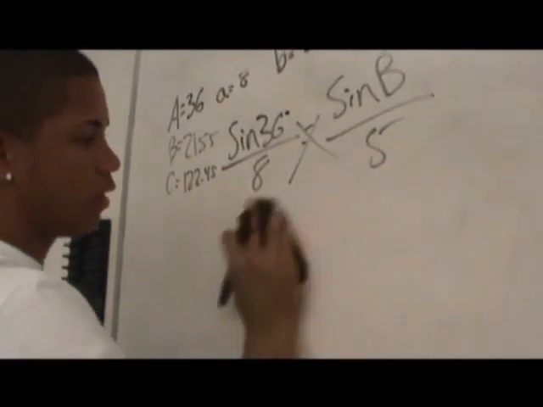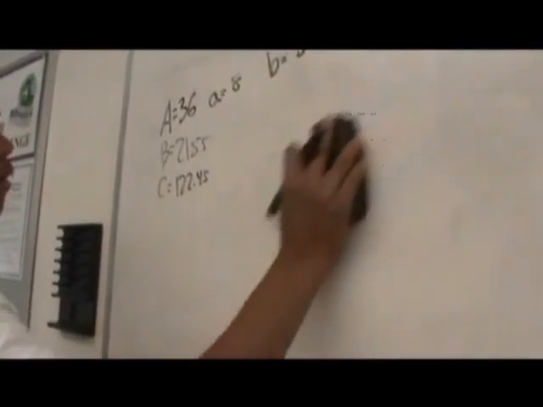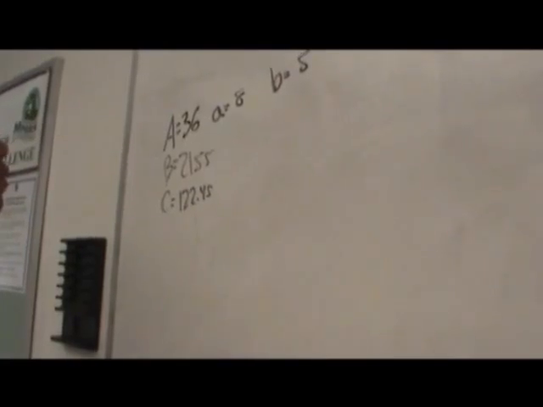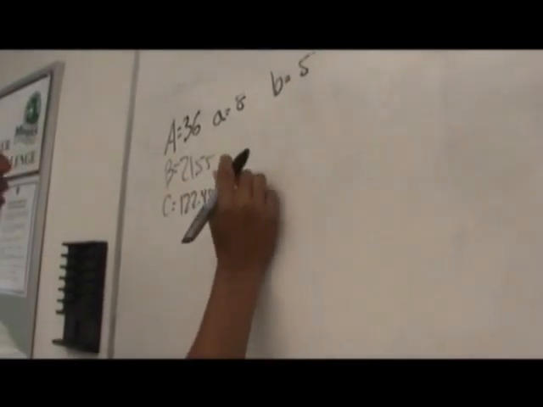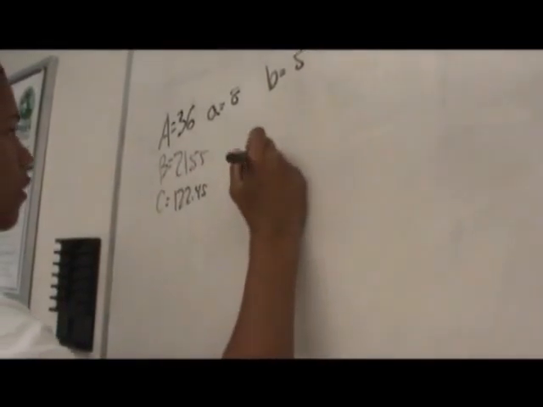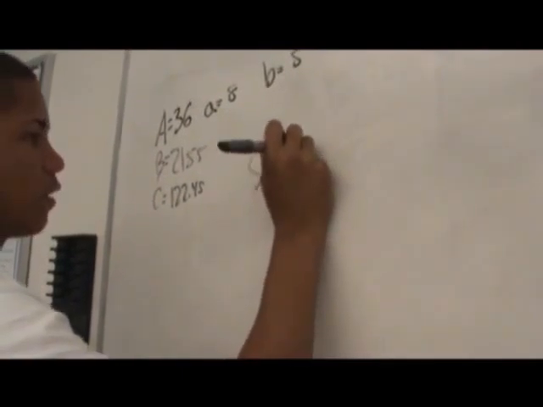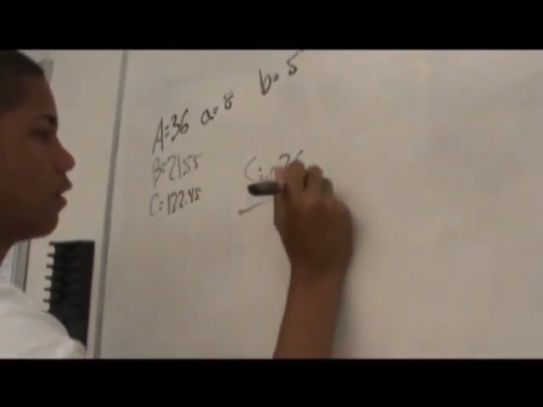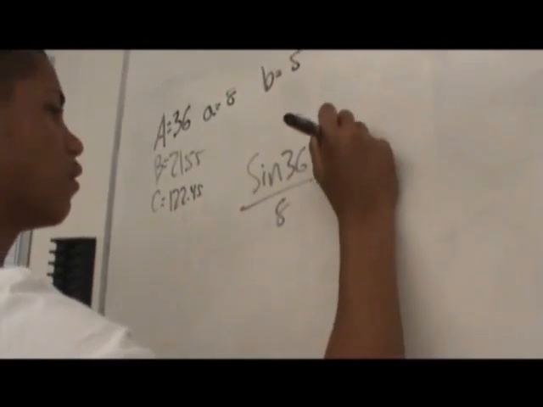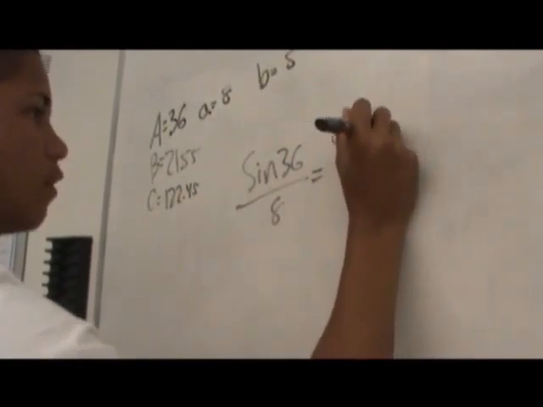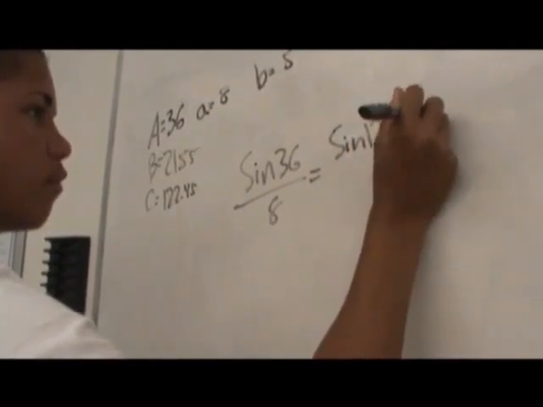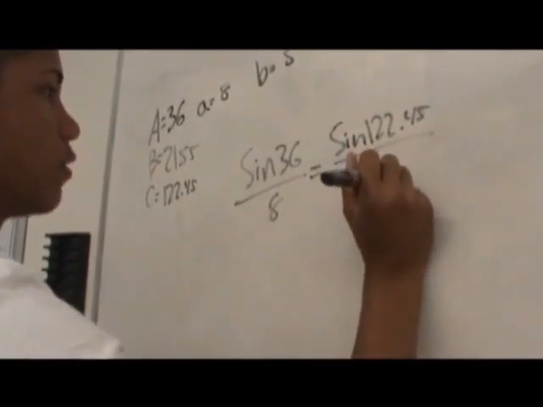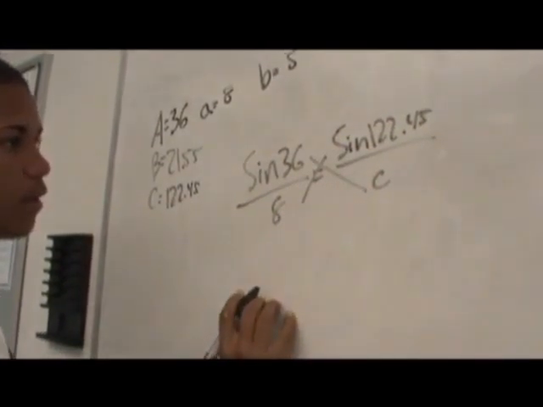Then we don't really need this stuff anymore. And then to find the length of side C, we're going to plug it in again: sine 36 over 8 equals sine of 122.45 over c. And then cross multiply again.